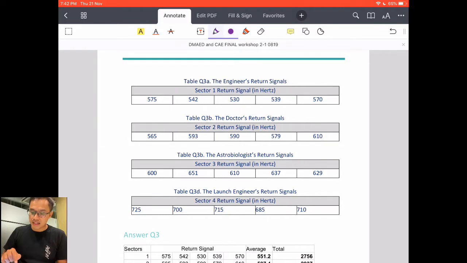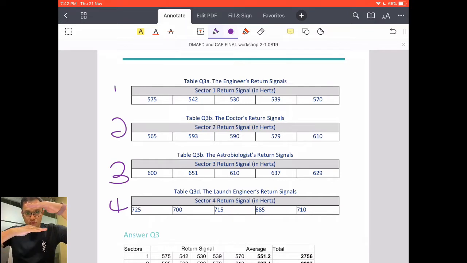As you can see here, we have 4 levels: 1, 2, 3, 4. Even though the data are not in one specific table, I separated them into 4 like this. They are still ANOVA one way because they are one factor, which is the ping, the location of the Pathfinder robot rover.